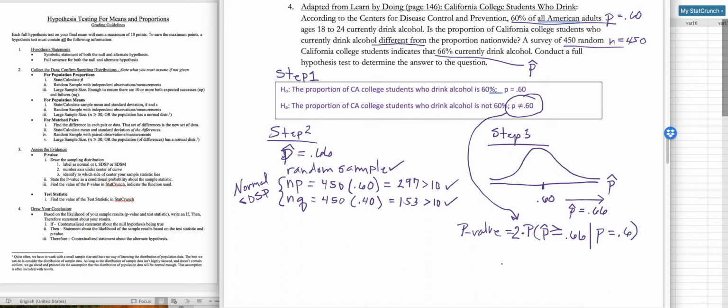We don't need to multiply it by 2, and frankly, on your final exam, I'm not going to give you a not equals like this. So here I've shown you, but let's not worry about it too much. All right, so to get this answer, we're going to go to StatCrunch and we're going to choose the proportion stats function, just like we would have for making a confidence interval.